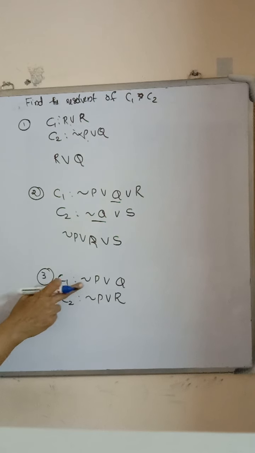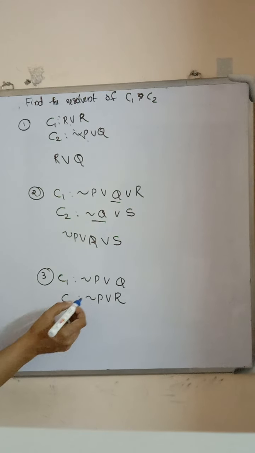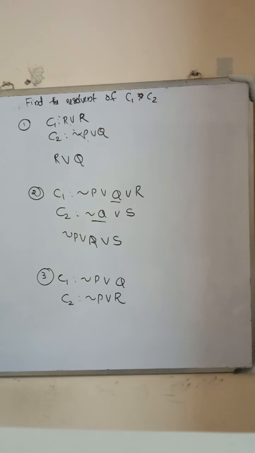Next is C1: negation P or Q, and C2: negation P or R. Here there is no literal in C1 that is complementary to any literal in C2.